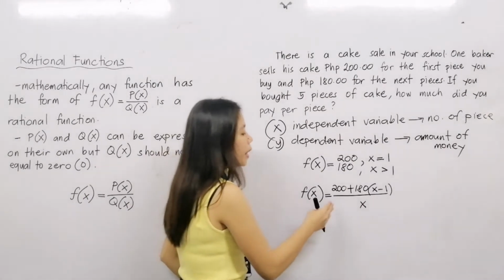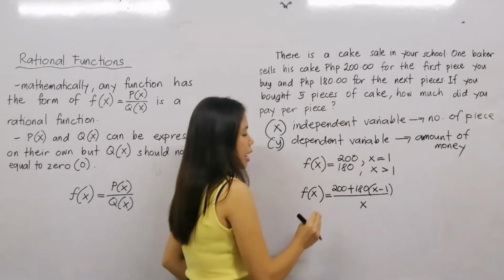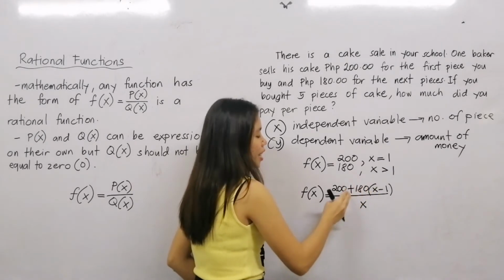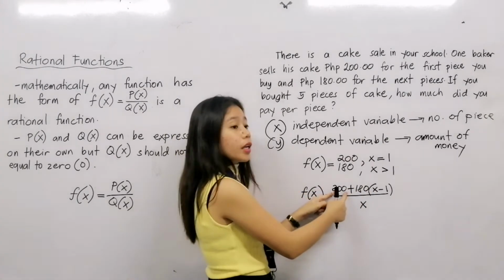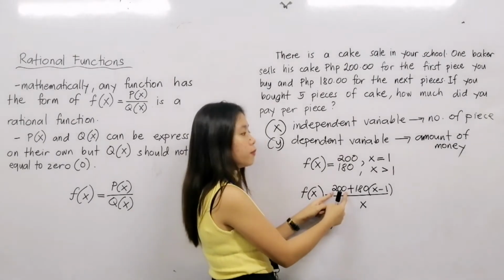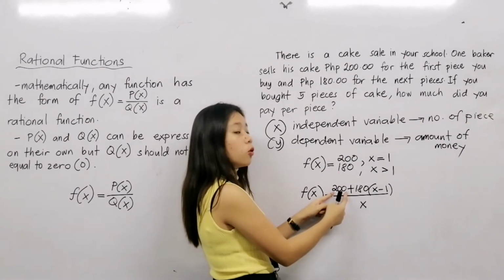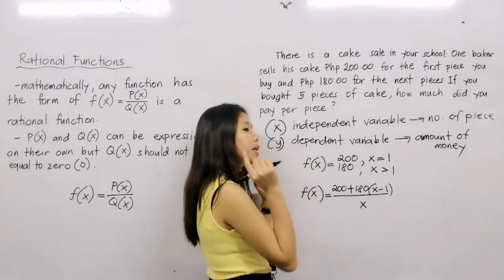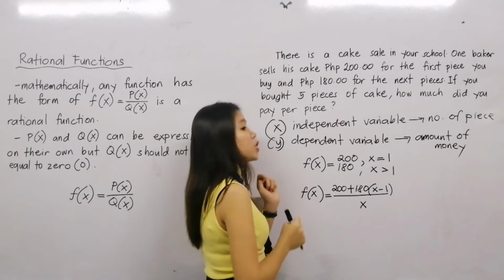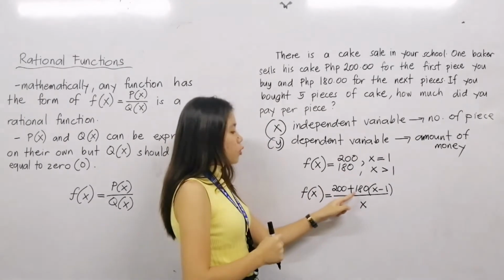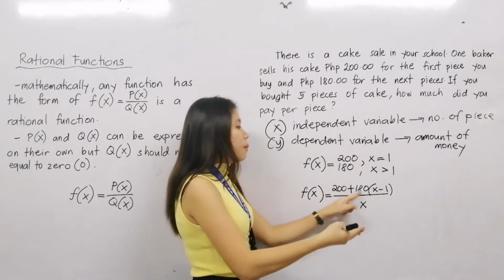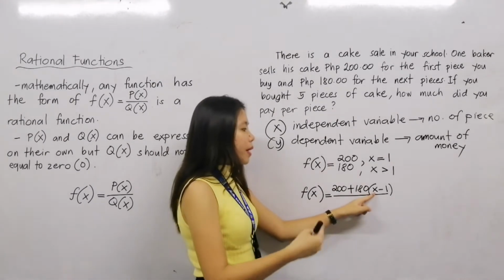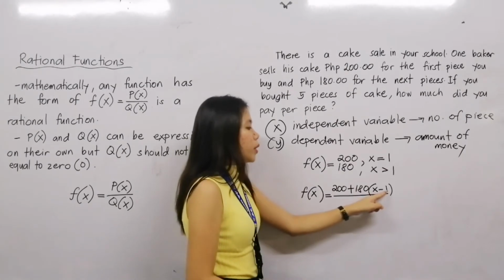Ngayon class, bakit po ma'am naging ganito po yung expression natin? Kasi 200 pesos, ito po yung representation ng unang cake na binili mo. Kasi kada unang bili mo ng cake, ang amount niya po is 200 pesos. Plus, 180 kapag nagbili ka ng more than 1. Multiply mo siya. Bakit po meron tayong x minus 1 dito?